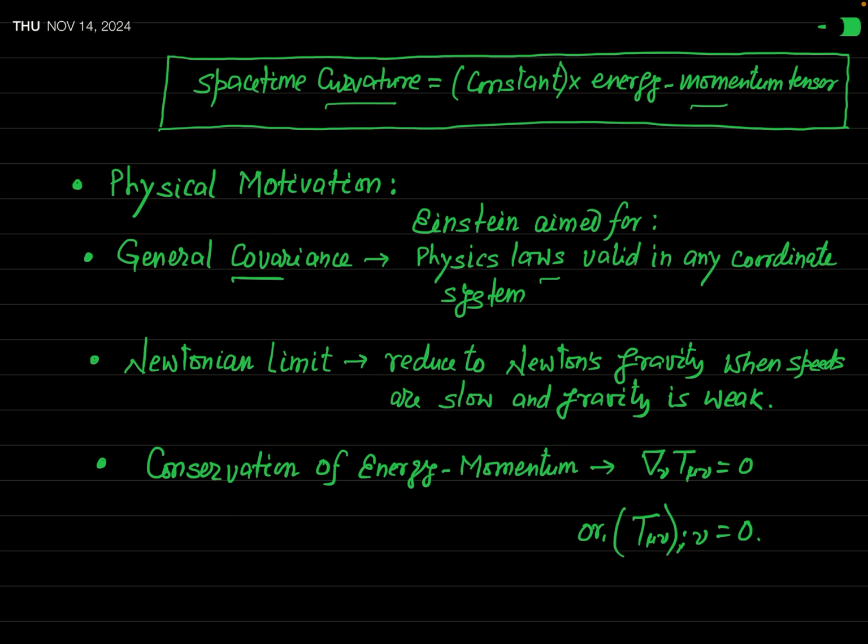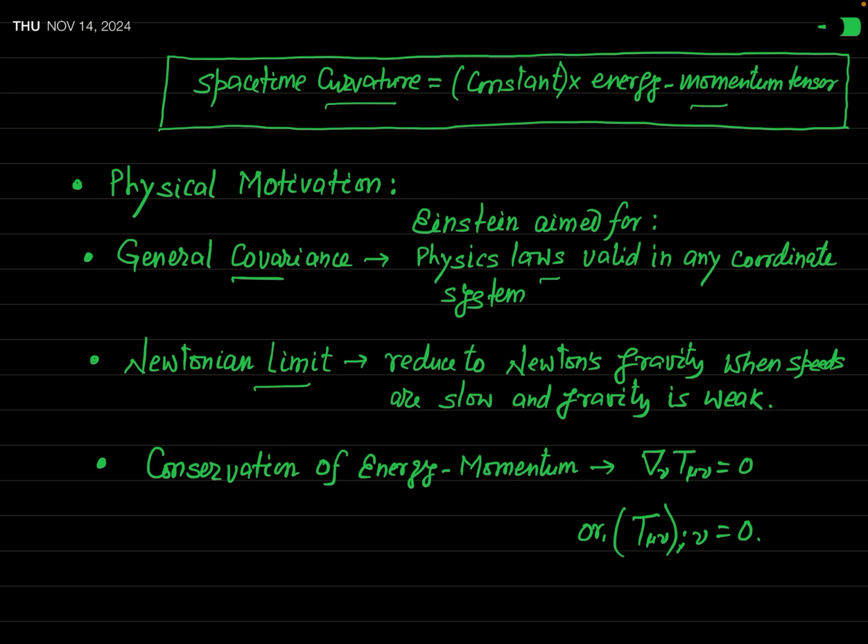Again, Newton's theory of gravitation is a classical theory, and Einstein has provided the relativistic theory of gravitation. So definitely in the classical limit, Einstein's theory of gravity must transform into Newtonian theory of gravity.